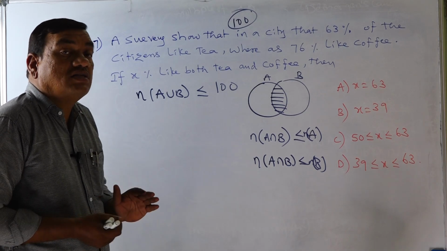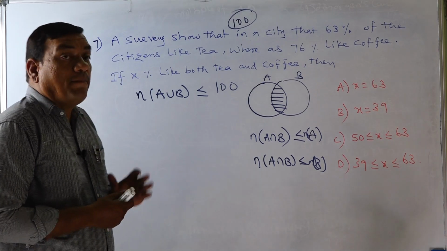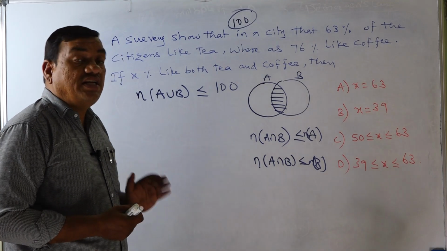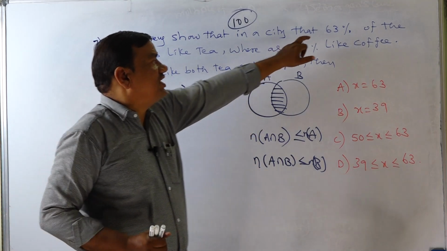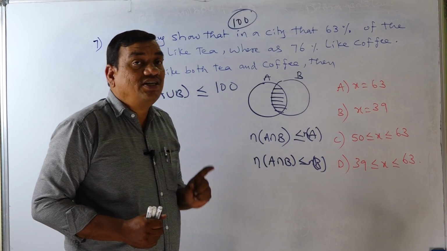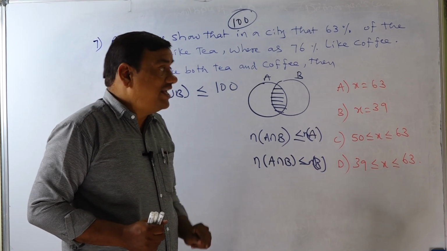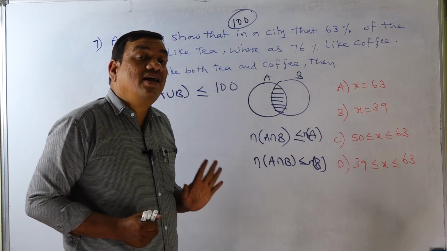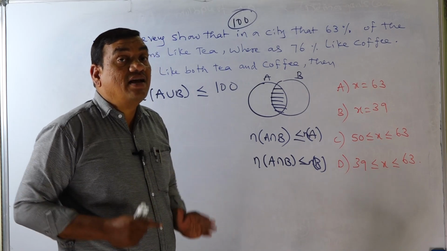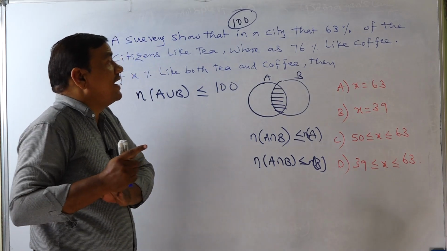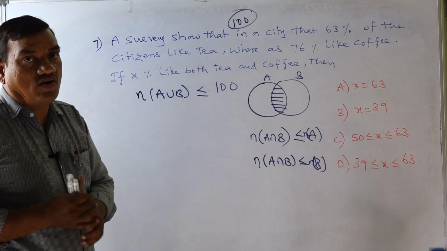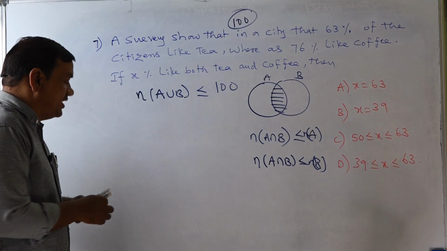Now we are concerned only about the citizens who take tea and coffee. Tea takes 63%, that means 63 citizens like tea, and 76 like coffee. But there are persons who do not like tea and coffee. Okay, right. So this is the inequality we got.